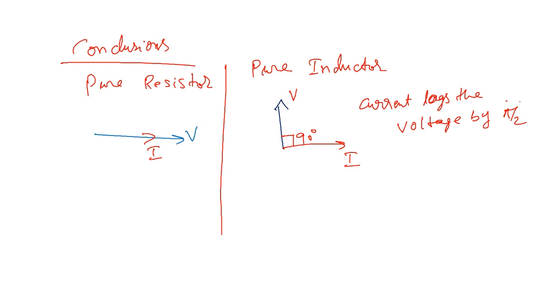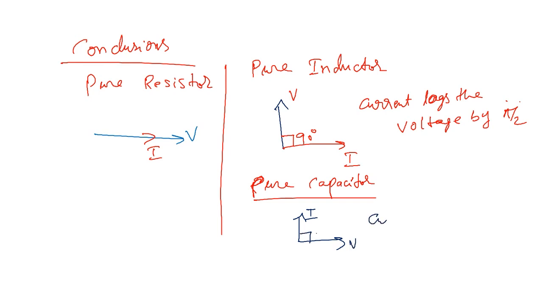When you talk about the pure capacitor, what is happening? In a pure capacitor, current leads the voltage by 90 degrees.